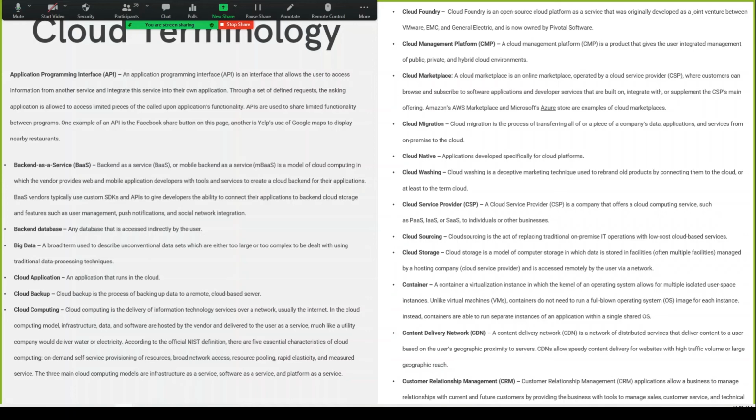Every CSP, cloud service provider, provides different mechanisms to access it. Talking about some of the famous cloud storage, we have AWS S3. Oracle also provides storage, we will look into it. And Microsoft has a storage component.